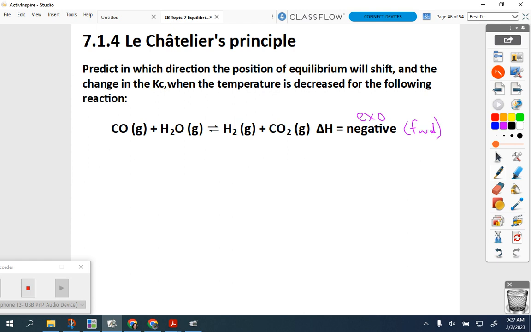All right. So if we decrease the temperature, which way is equilibrium going to shift? Are we going to shift to the right towards the products or to the left towards the reactants? If we decrease the temperature.